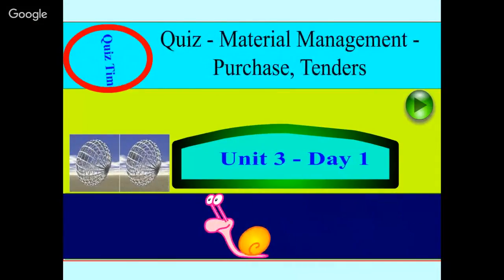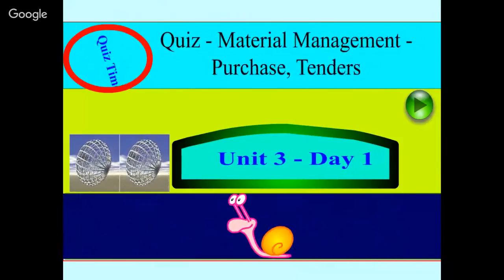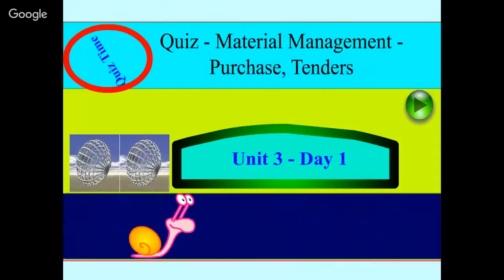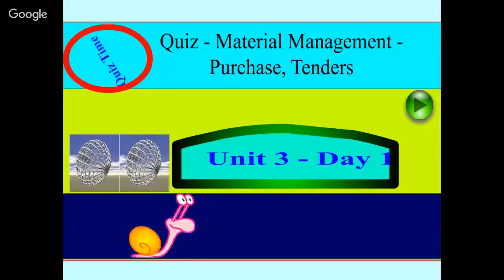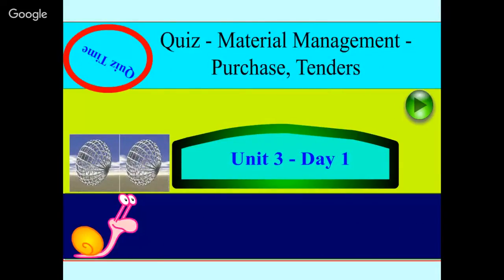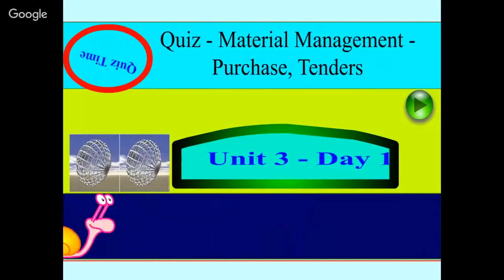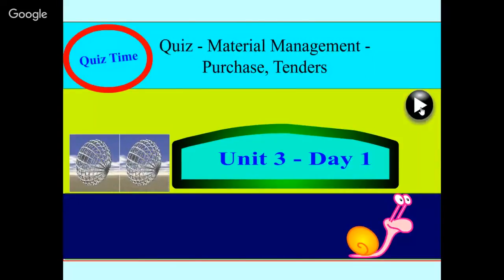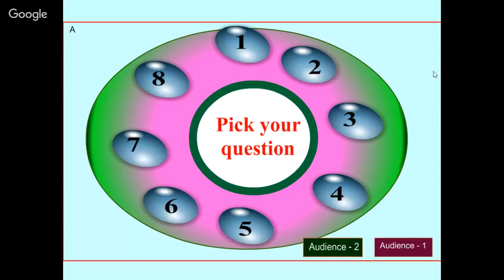I hope all the teams, all the polytechnics are able to listen to me. I request the polytechnics to select their questions after I display the list of questions. What I suggest is you use the chat window for selecting the questions. There are 8 questions on the screen, number 1 to 8. In addition, there are 2 more questions here.